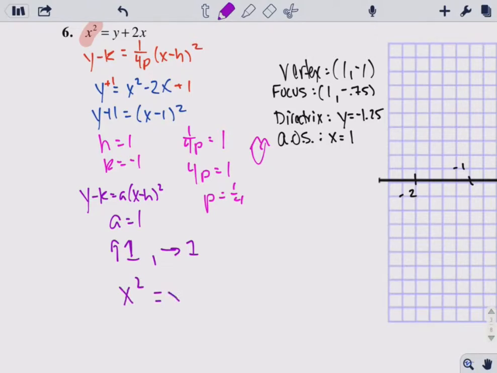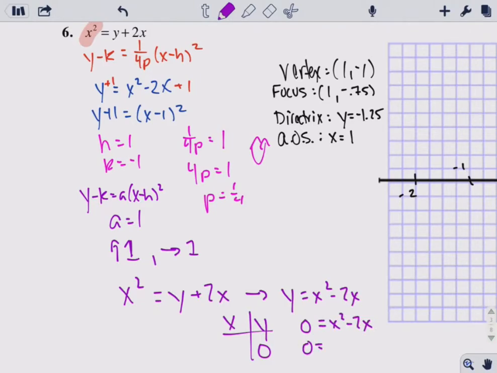You've got this equation, all right, and if we rework that to y is equal to x squared minus 2x, picking a y value of 0 would be great because that gives me 0 is equal to x squared minus 2x. 0 is equal to x times x minus 2. 0 is equal to x, or 2 is equal to x.